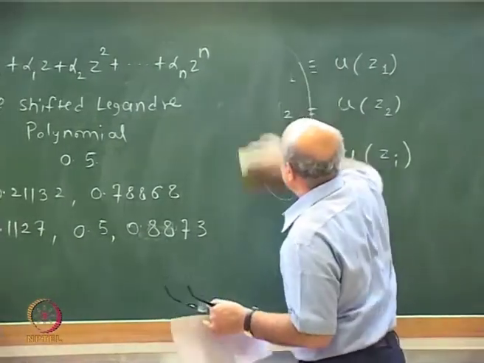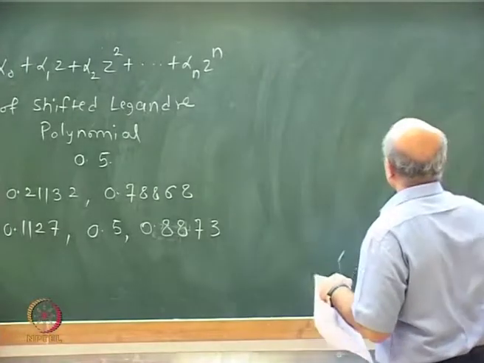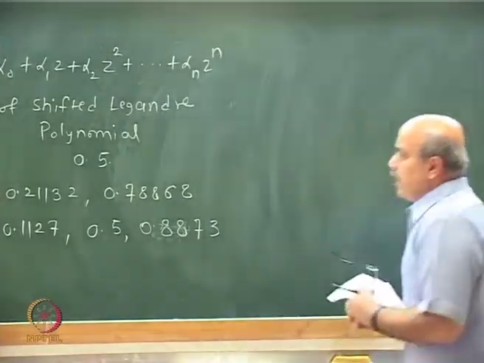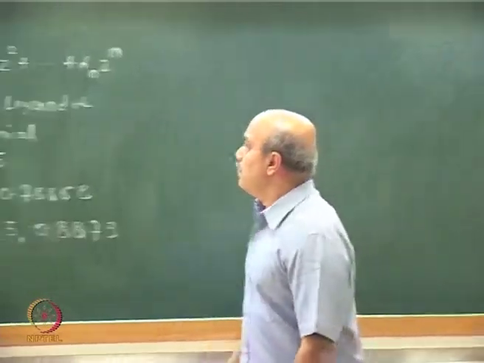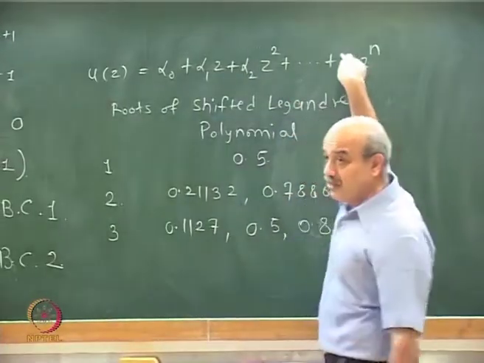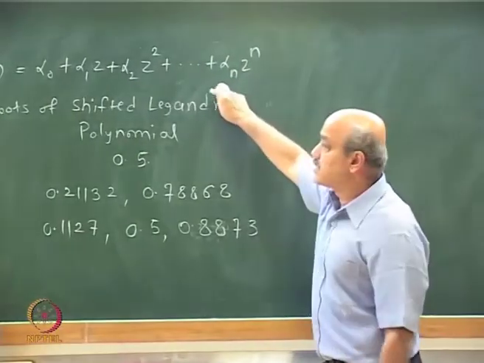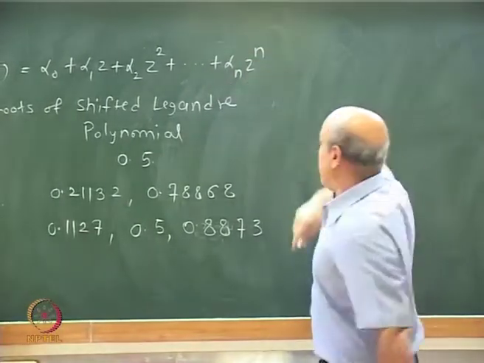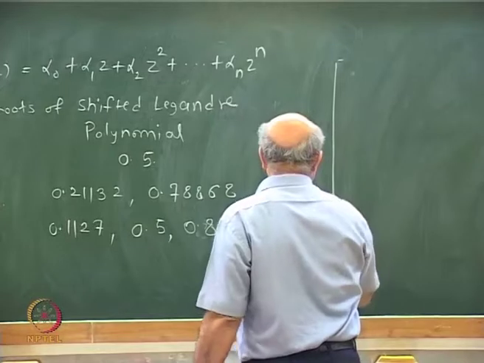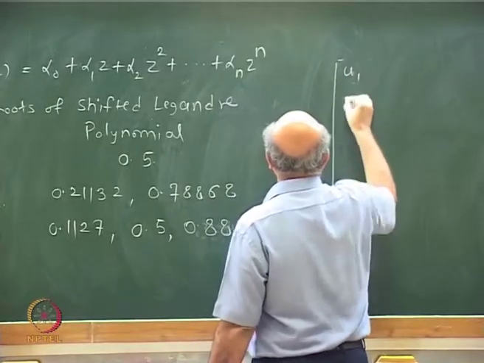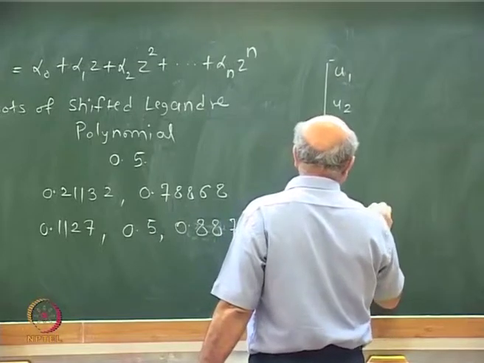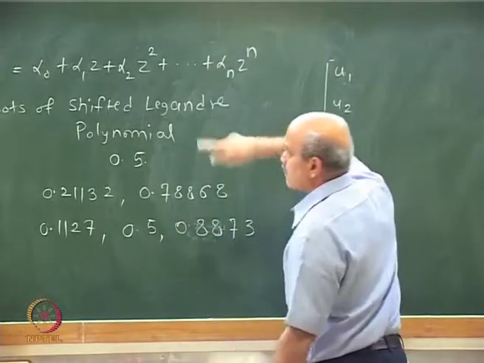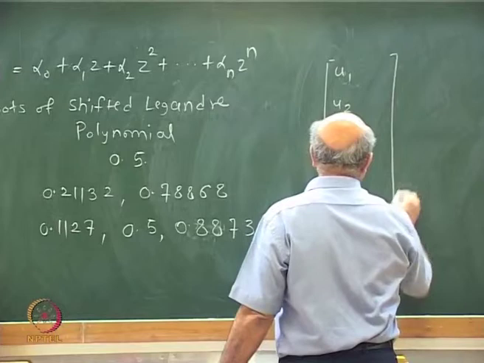Now what we have done in the last lecture is like this. To get the unknowns transformed from alpha 0 to alpha n, we wrote this equation at n plus 1 collocation points. So I wrote u1, u2 up to un plus 1, where un plus 1 is at the last point.